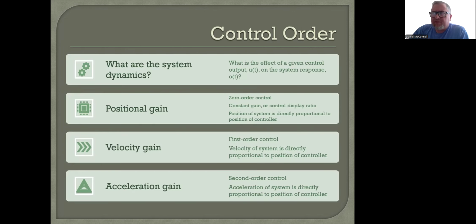So a couple of things that we want to think about here are related to the system dynamics, right? The relationship between a movement of our controller, that's the controller output U, and the effect on the system O. This is where, again, we could talk about control display relationships, but in this case it's more of a control system relationship, right?